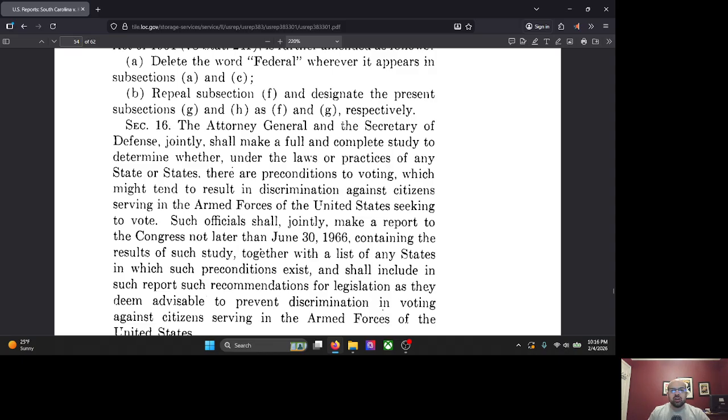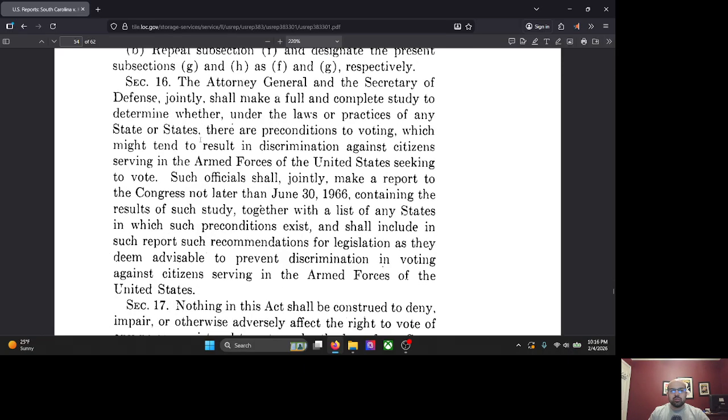The Attorney General and the Secretary of Defense jointly shall make a full and complete study to determine whether under the laws or practices of any state or states there are preconditions to voting which might tend to result in discrimination against citizens serving in the armed forces of the United States seeking to vote.